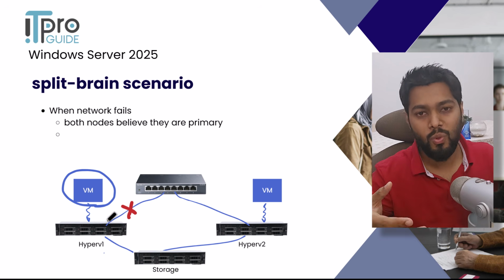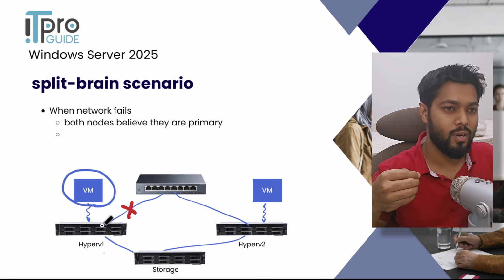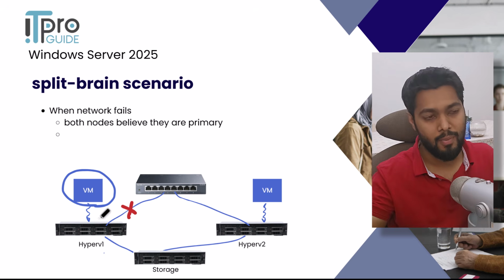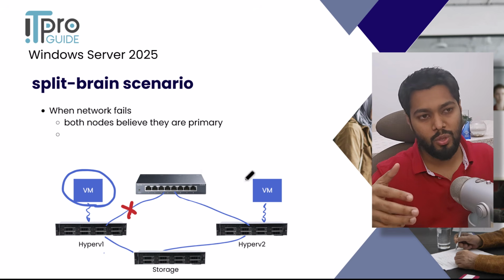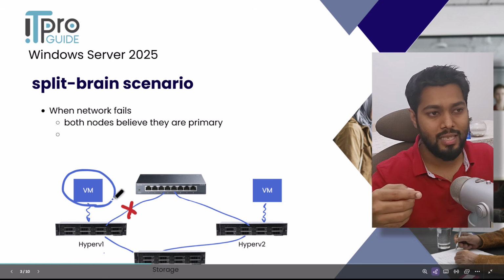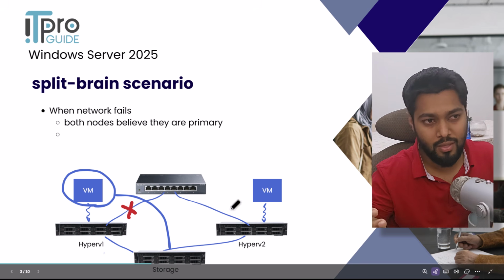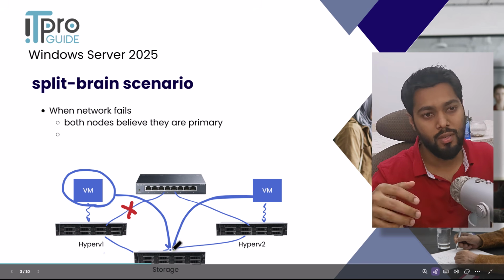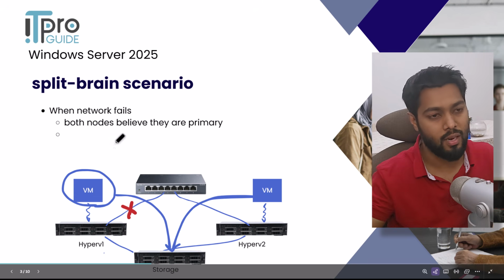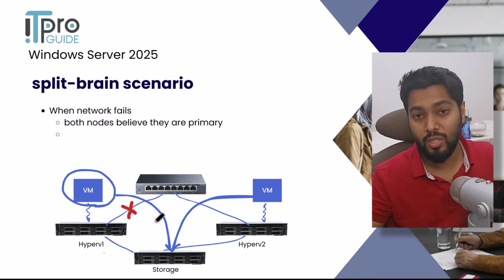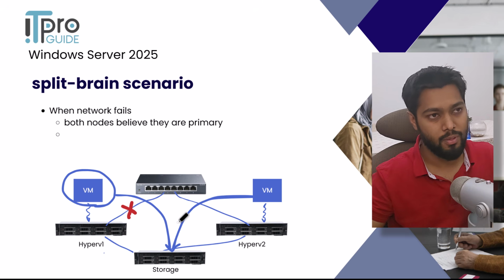And Hyper-V2 also doesn't know if Hyper-V1 is already running that VM. As a result, both nodes may try to start the same virtual machine simultaneously because they both have access to the shared storage where the actual virtual machine files are located. And this leads to a split brain situation, which can cause data corruption.